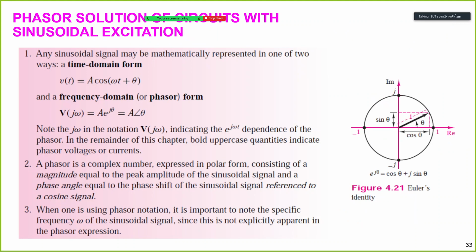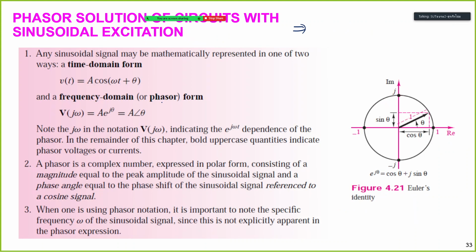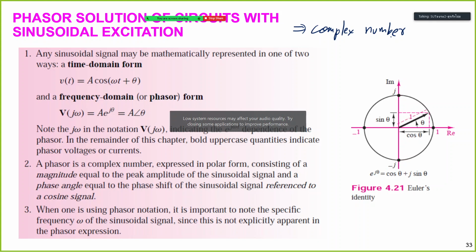So for AC circuits, we will transform every element into a complex number, instead of showing the signal. This is a signal, but we can transform the signal form to complex number form. And we can represent the complex number in two representations.